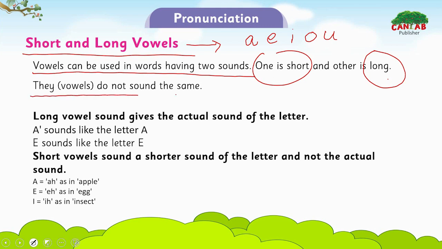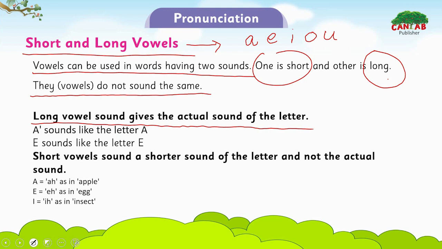They do not sound the same. So whenever we have a vowel in a word, it sounds like two sounds. In some words, the vowels sound like a shorter one, and in others, the vowels sound like a long vowel. So we are going to discuss it in detail. Long vowel sound gives the actual sound of the letter.